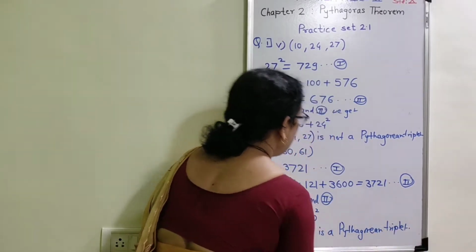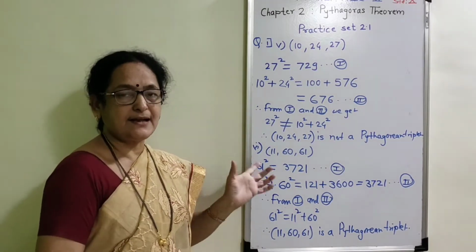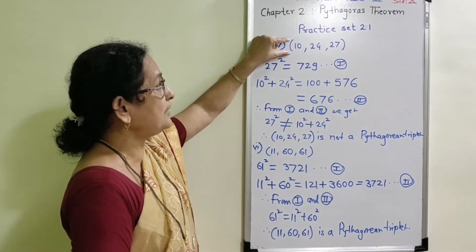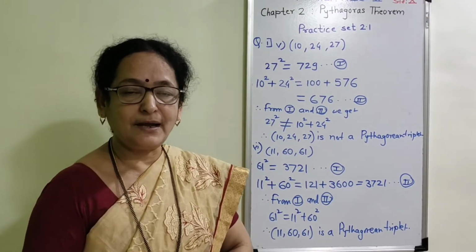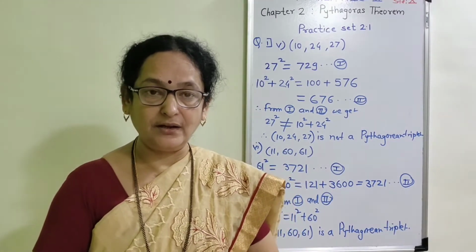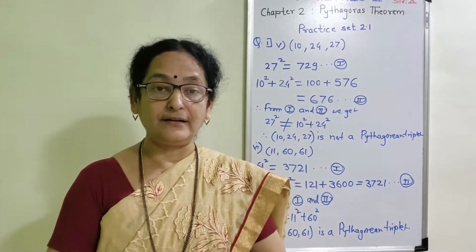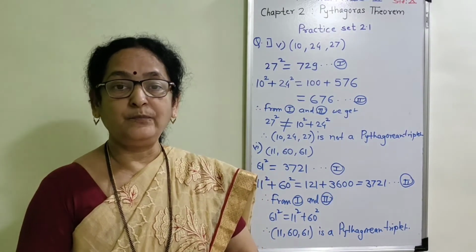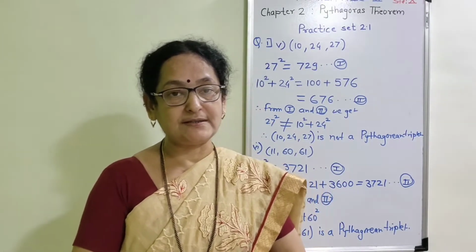Now I am going to explain the most important thing. Here in these examples they have given triplets of natural numbers, but sometimes they will say that these are three sides of a triangle and ask you to determine whether the sides are of a right angle triangle or not. At that time you are going to apply the converse of Pythagoras theorem.